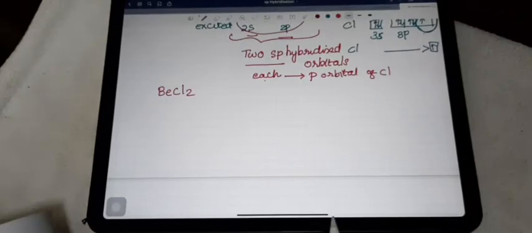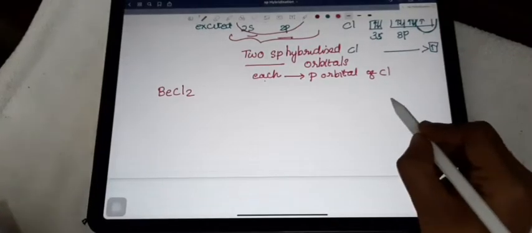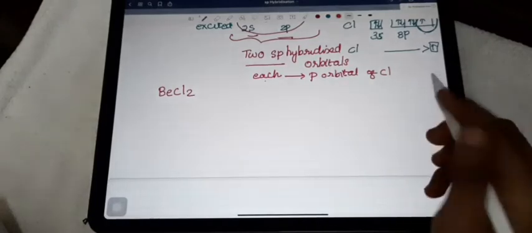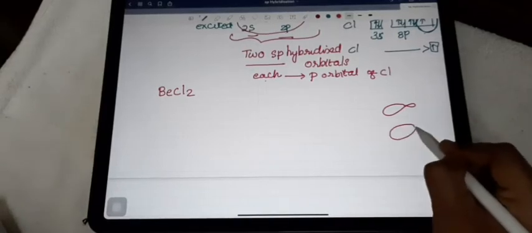The next step is how we can draw the picture of the sp hybrid orbitals of this BeCl2. As I already told, whatever the hybridization, whether sp2 or sp3, hybrid orbitals have to be drawn like this: a big lobe and a small lobe. Sometimes for our listeners we will use the big lobe only.